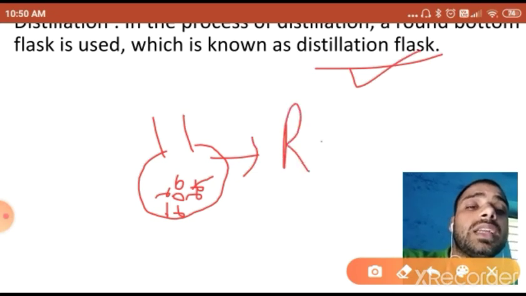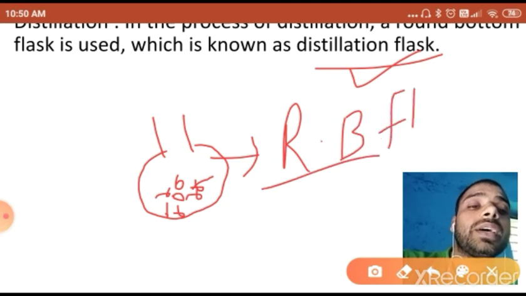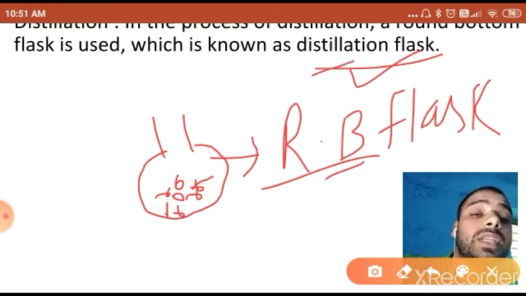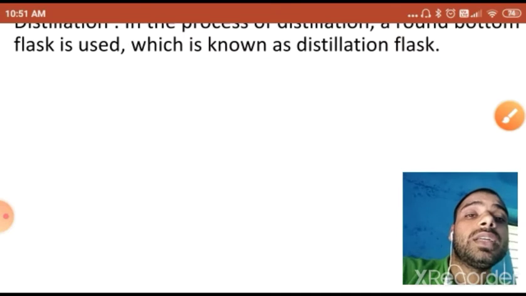In general, in the laboratory it is also known as the RB flask. You can write the names: RB flask, distillation flask, and round bottom flask. RB is the short form of round bottom.